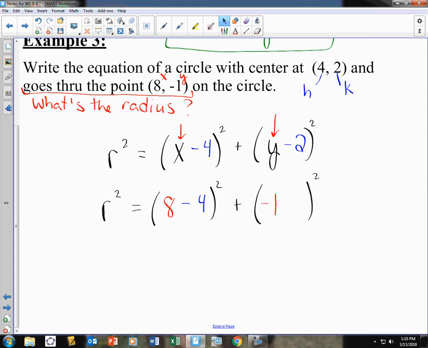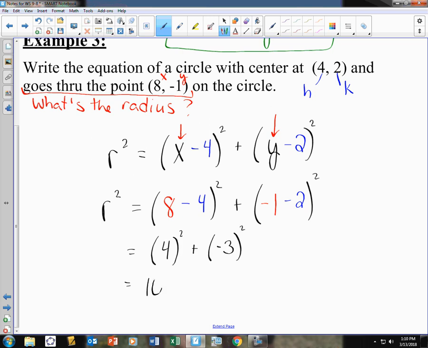Okay, so now let's start to evaluate this. So this ends up being 4 squared. The second parenthesis ends up being a -3 squared. So this ends up being a 16 plus a 9. So r squared is 16 plus 9, so r squared is 25. Oh, cool. So r is 5.